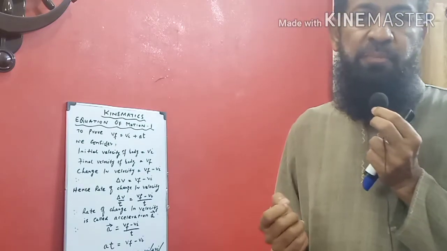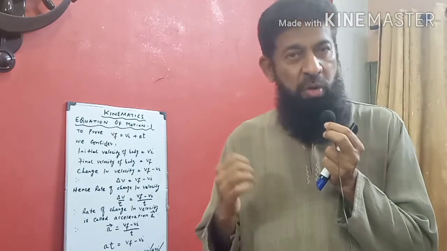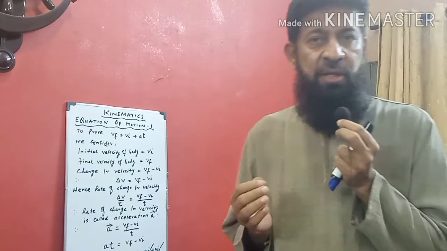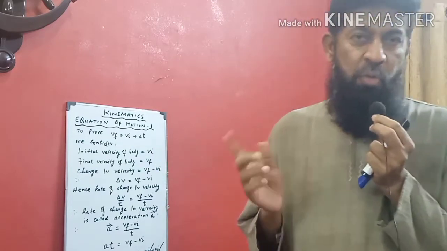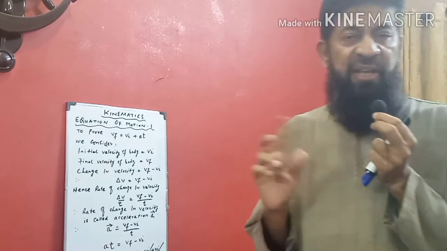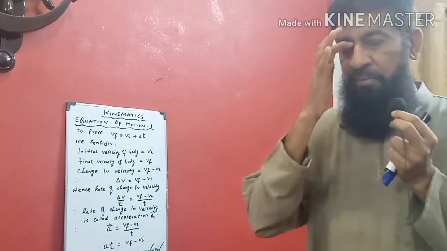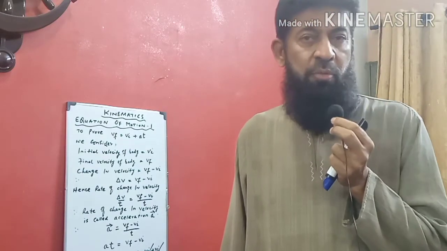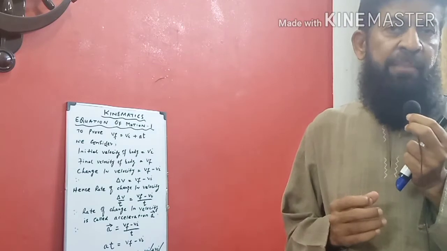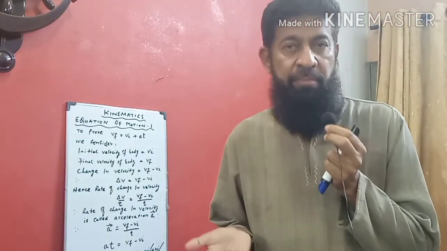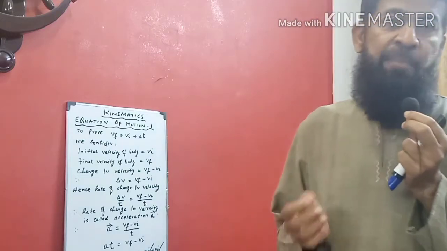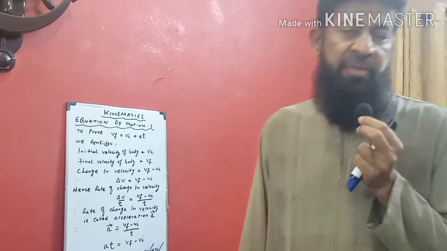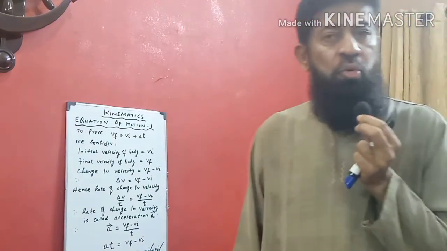Number three is vibratory motion, also called to and fro motion or oscillatory motion. In this type of motion, a body moves around a fixed point. For example, the motion of a pendulum is an example of oscillatory, vibratory, and to and fro motion.